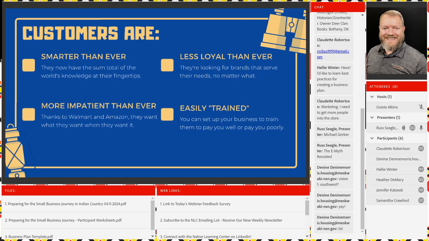Our customers are also less loyal than ever. If you use a laundry detergent because your mother used it, because her mother used it, because her grandmother used it, that world almost does not exist anymore. Product loyalty has gone out the window in the last 2 decades. Started before that. It started in the mid 90s.